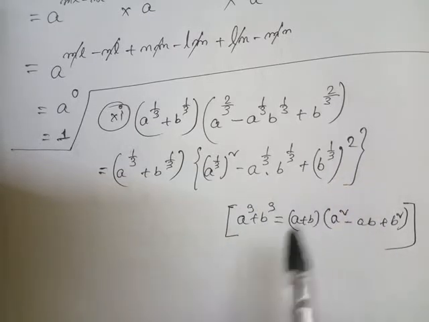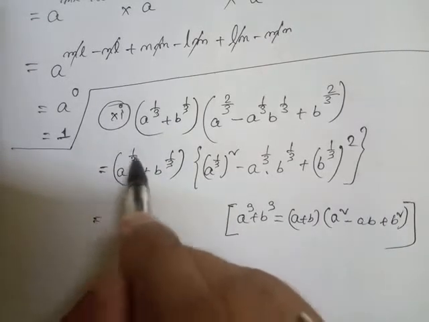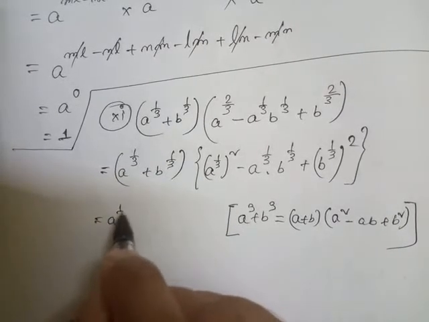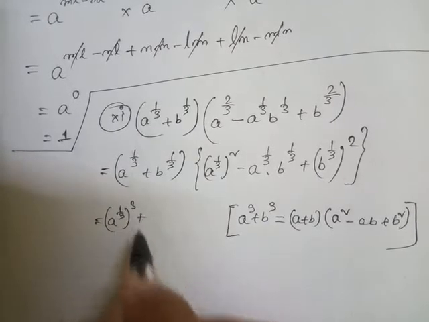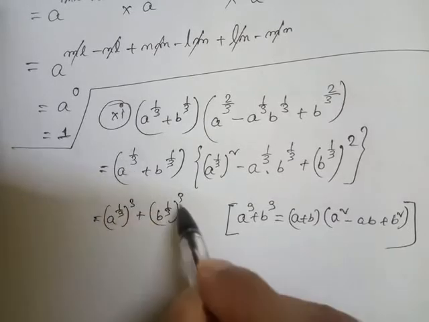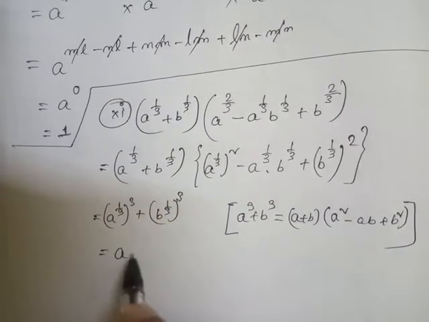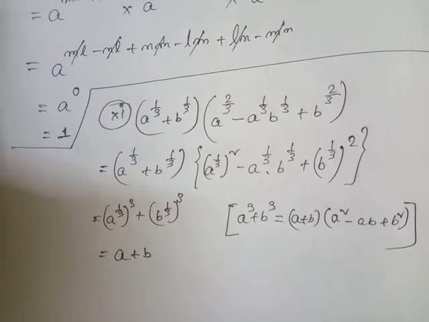So here I will use the formula for a cube plus b cube. If this is as a whole a, it is a cube, and this is as a whole b, means b cube. Now 3 and 3 cancel, so the answer would be a plus b.